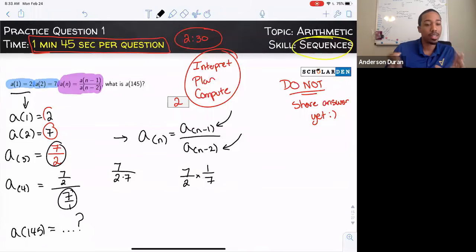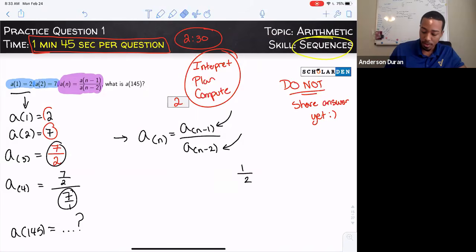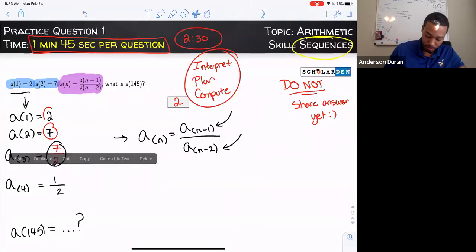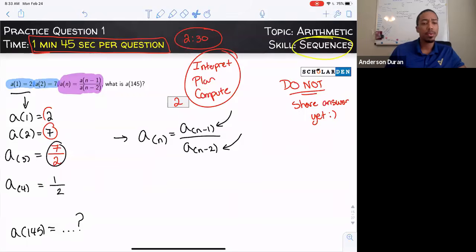They both result in the same thing, because we have 7 and 7 canceling, giving us 1/2. So we get the same result either way. But nonetheless, 1/2 is the result for a of 4.